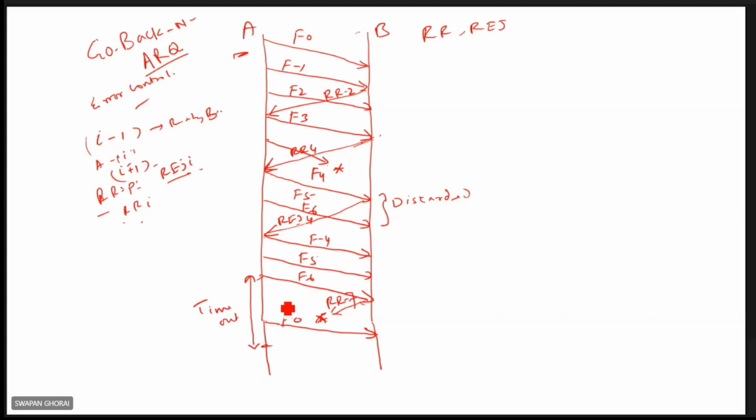It is supposed to receive this acknowledgement, but the acknowledgement is not received, and the time also expires. Then what will happen? A will send the command I told you about, that is RR with P bit equal to 1.